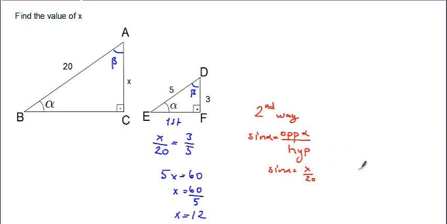And in the big triangle, the sine alpha is 3 over 5. As you see, x over 20 sine alpha and here 3 over 5, they are equal to each other. X over 20 can be written as equal to 3 over 5.